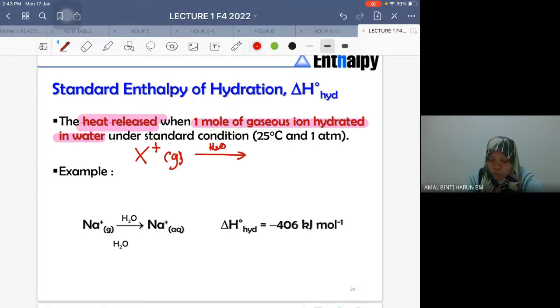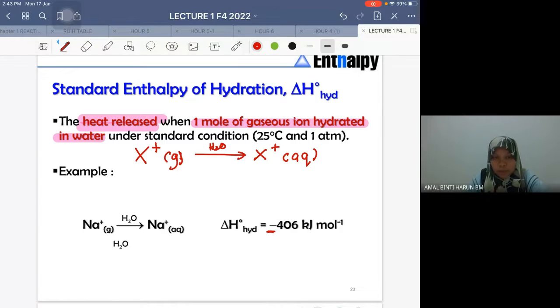So dia akan berubah phase dia. Ion tetap ion sebagai X+, tapi phase dia dah berubah menjadi aqueous. Okay? Sesuatu yang kita masukkan di dalam air, so dia akan jadi aqueous. Okay, nanti saya ceritakan kenapa dia always negative.